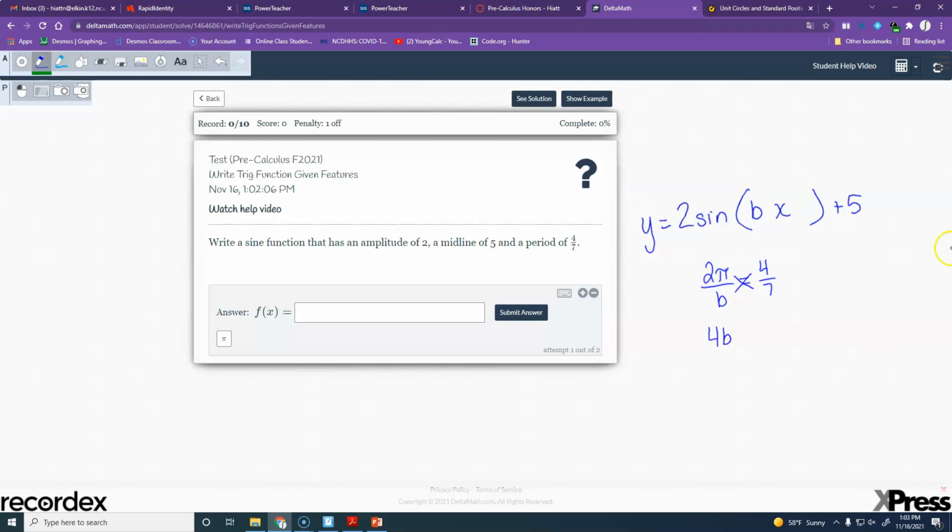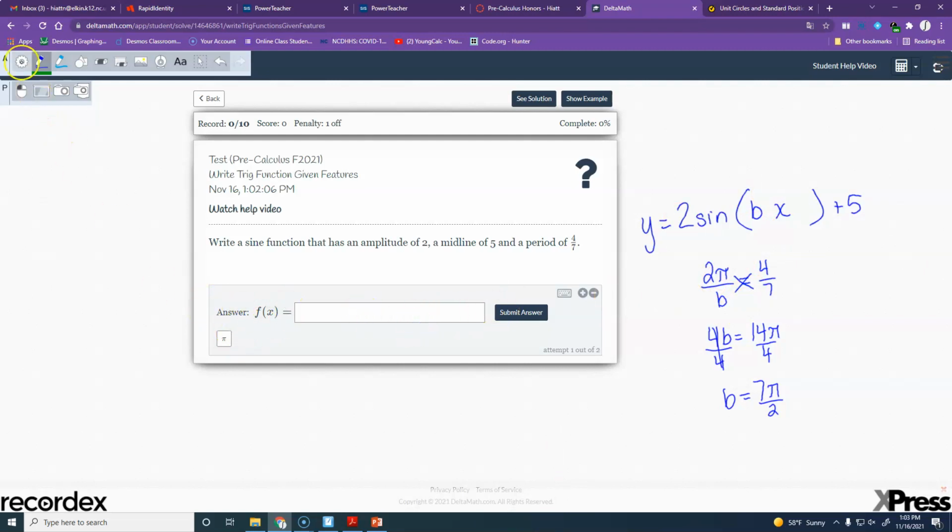We would get 4b equals 14 pi, and divide by 4. So b would equal 7 pi over 2. That would have probably been hard to come up with off the top of your head. So use this equation method: 2 pi over b equals whatever the period's supposed to be.